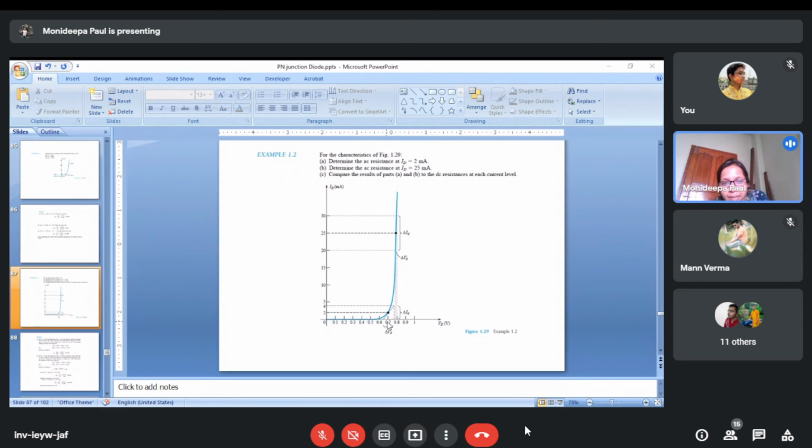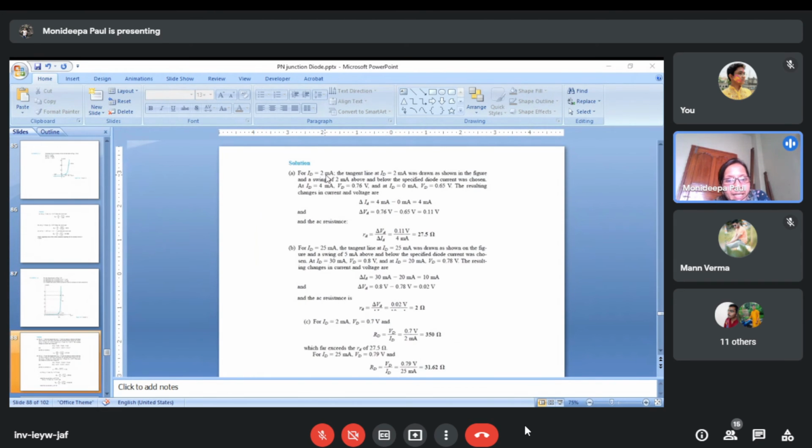You see the answer. Here for ID 2 milliampere, the tangent line at ID 2 milliampere was drawn as shown in the figure, at a swing of 2 milliampere above and below the specified diode current.